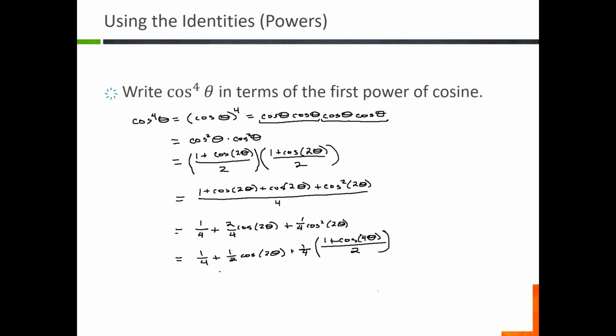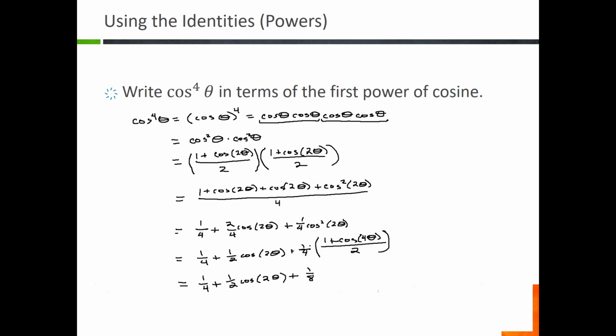All right, and so we have now written this without any squares on the cosine. They're all cosines. They do have double or even a quadruple angle, but that's fine. I don't care about that. So if we simplify, that's all we have left to do. We have 1/4 plus 1/2 cosine of 2 theta plus, so to simplify this, I can multiply the 1/4 and the 2 in the denominator, and that's going to give me a 1/8.